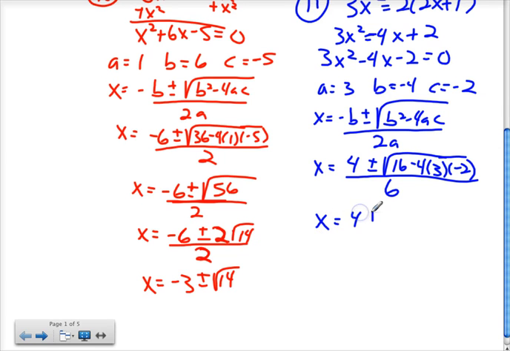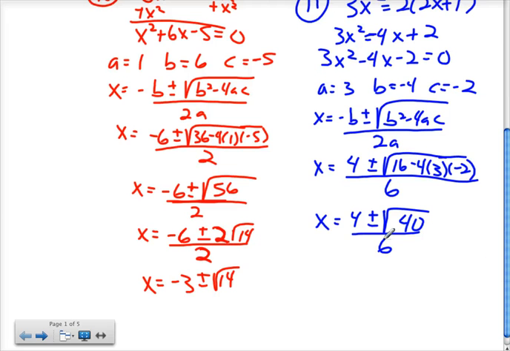So x equals 4 plus or minus, and that radical is like a grouping symbol, which means kind of like parentheses. You have to do what's underneath there first. So we're going to have 16 plus 24, because we have a minus a negative back there. So 16 plus 24 will give us 40, so the square root of 40 all over 6.